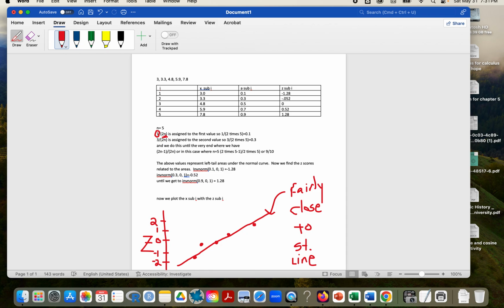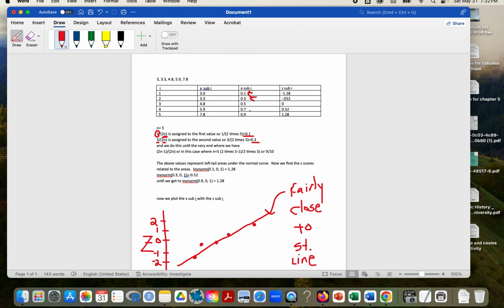Since n is 5, 2 times 5 is 10, so we have 1/10, and so 0.1 is our first a sub i. The next one is 3 over 2 times n, so we're counting up by odd values. 3 over 2 times n gets us 0.3, and there is that one.